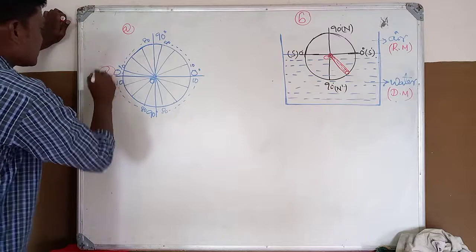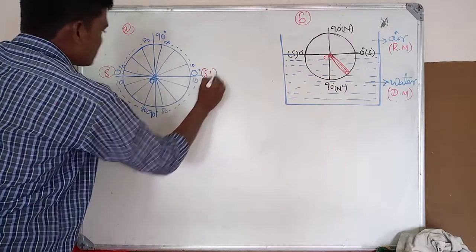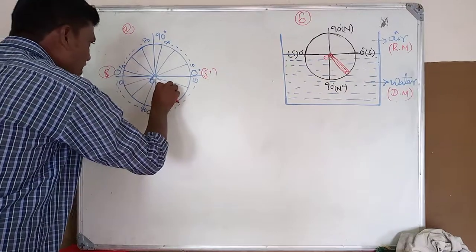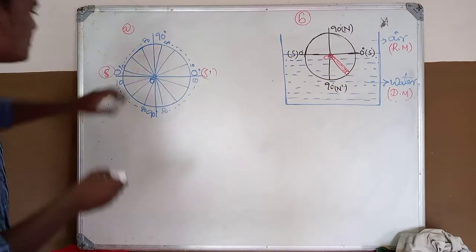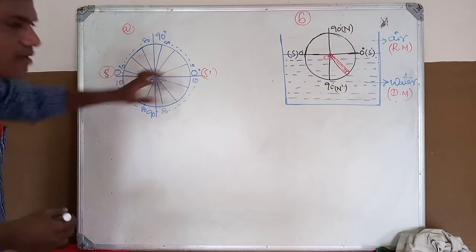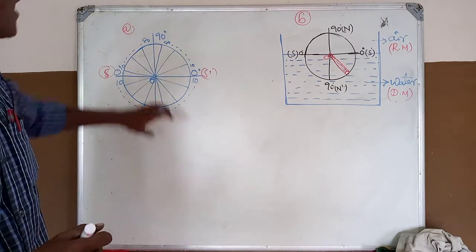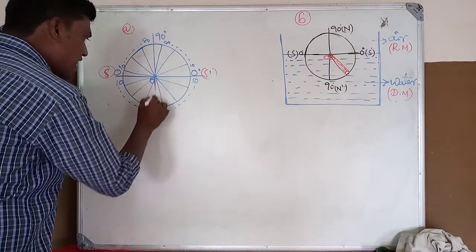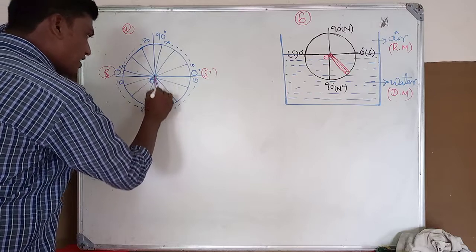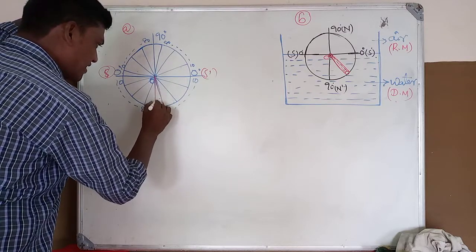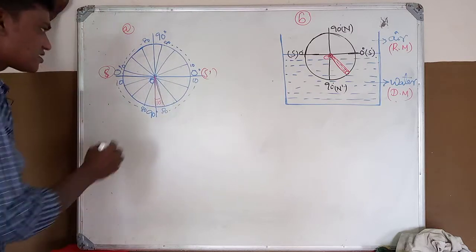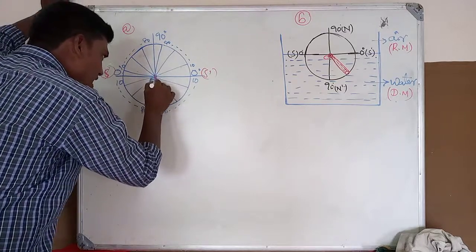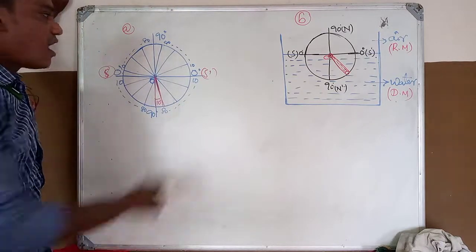Initially we place the straw along 10 degrees. We know that this is measured from the normal line, so this angle is 10 degrees. Means the straw is placed along the 80 degrees marking on this one.